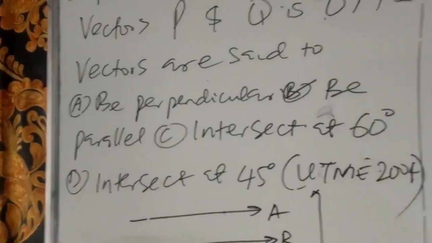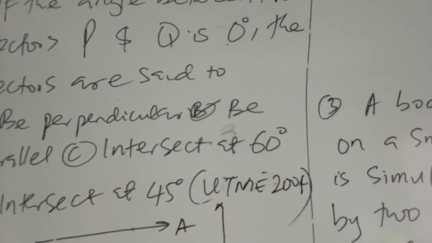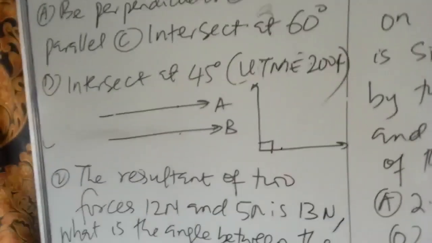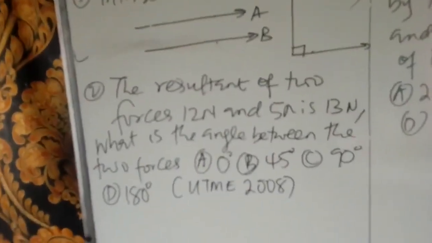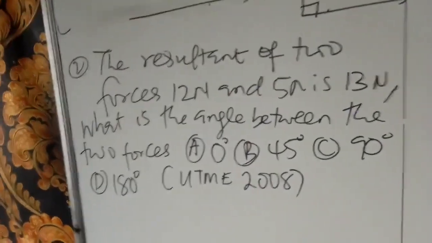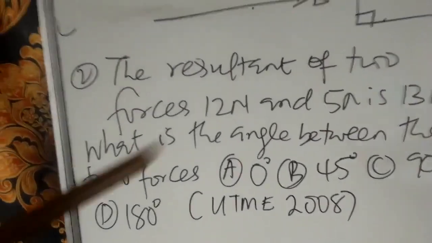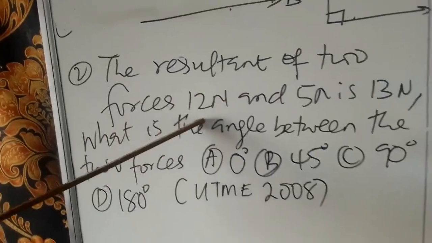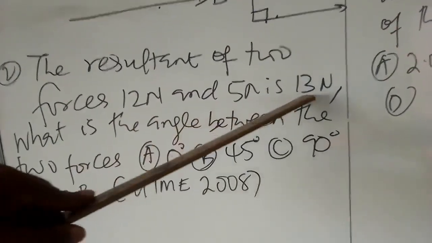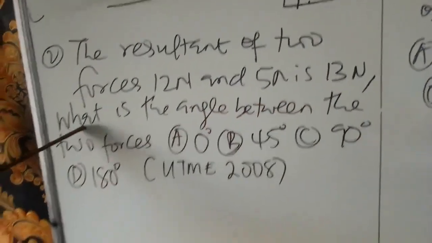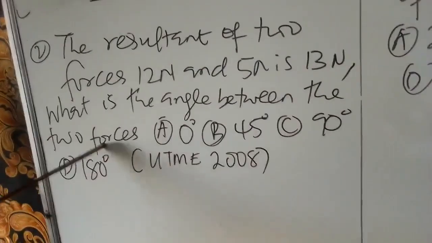As you look at the solution to number 1, we now move to question 2. Number 2 says, the resultant of two forces, 12 Newton and 5 Newton, is 13 Newton. What is the angle between the two forces?